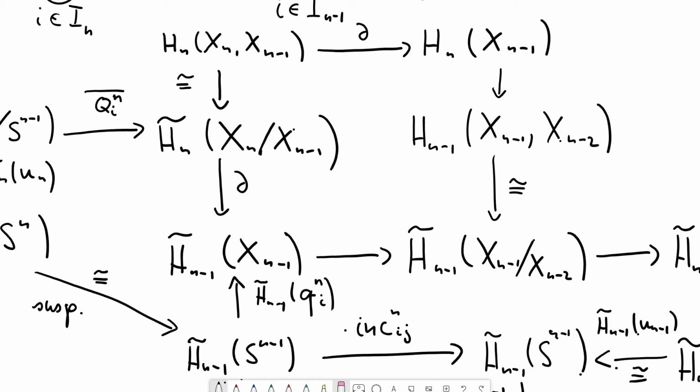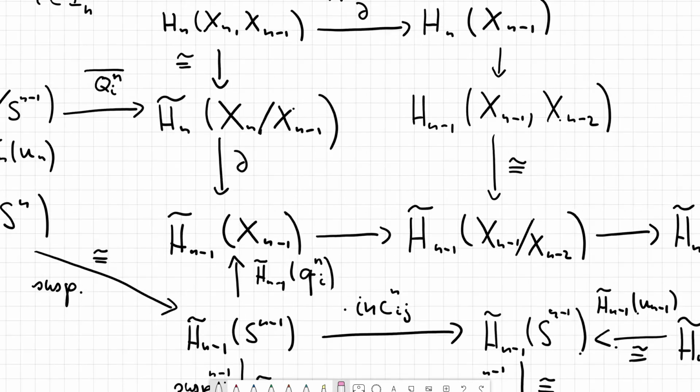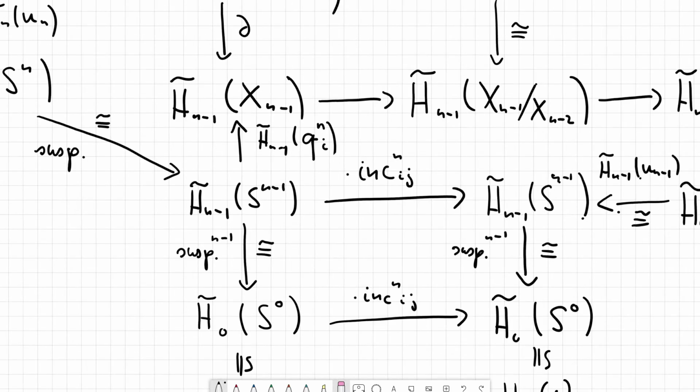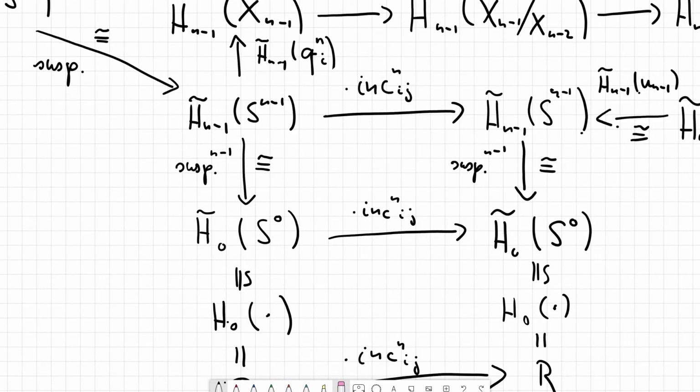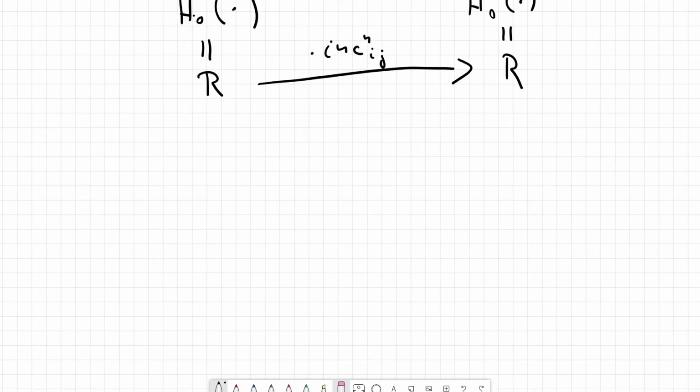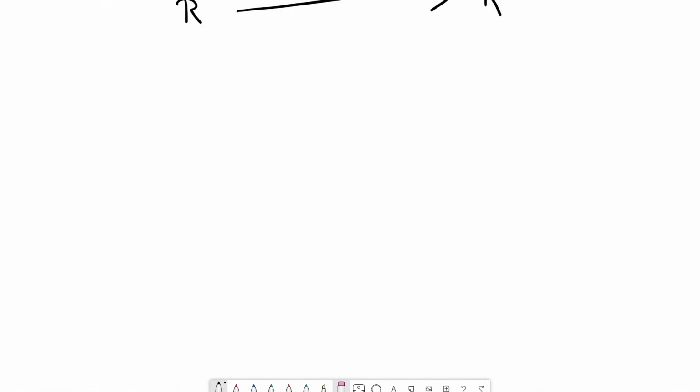And to do this, to show this commutativity, let me again, well, maybe it's going to be too cramped if I just put it inside there. So maybe let me write a new diagram down here to prove that commutativity. So let's just copy what we had there. We had the nth homology of the n-skeleton relative to the (n-1)-skeleton.